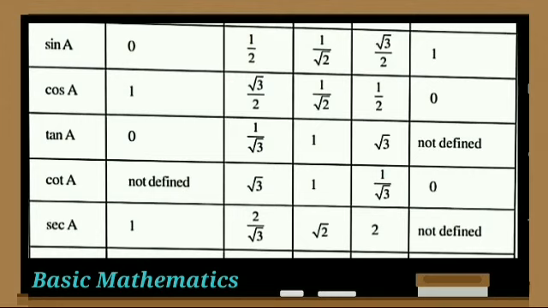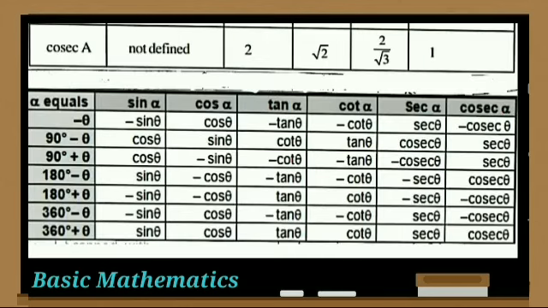Now we can see here all the 6 functions and we move further. As you can see here, there is a next table and we will understand it. There is the angle alpha and there are 6 functions, and alpha is the input provided in these functions.